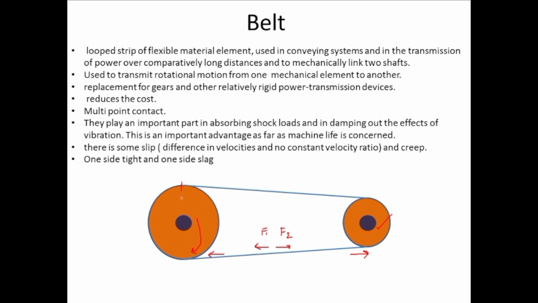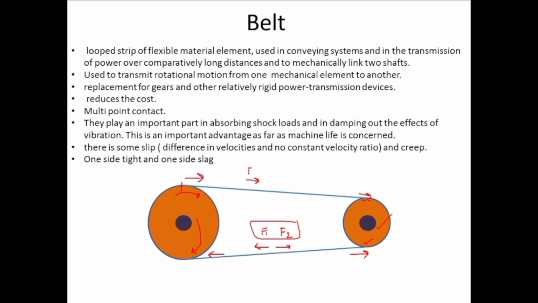If you come over to this point, you can see the pulley is rotating in this direction, and similarly the belt is also rotating in this direction. So this pulley will exert force on the belt in this direction, and this one is rotating, so it will start forcing this belt in this direction.